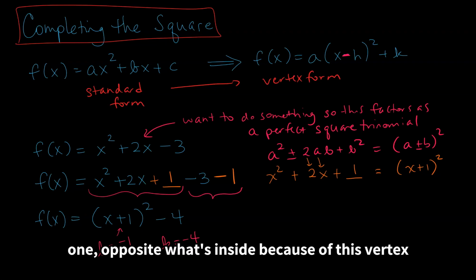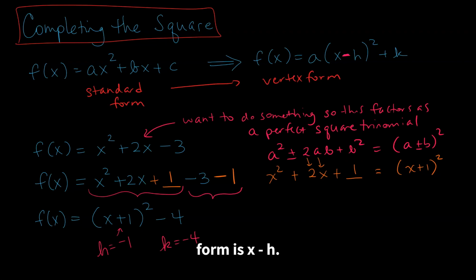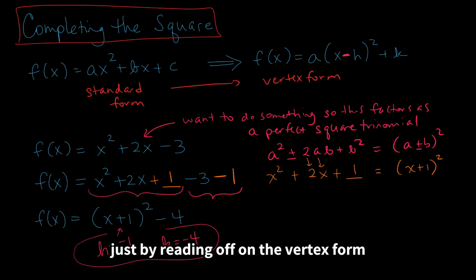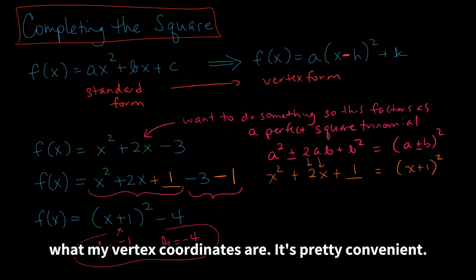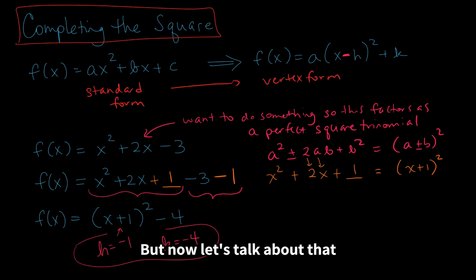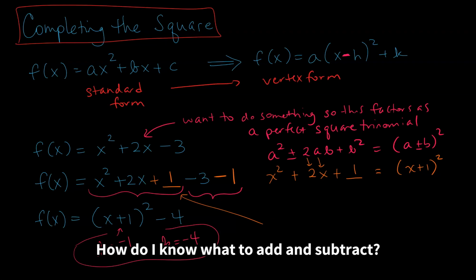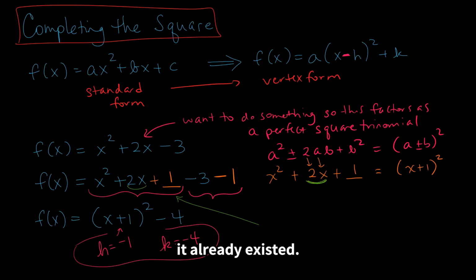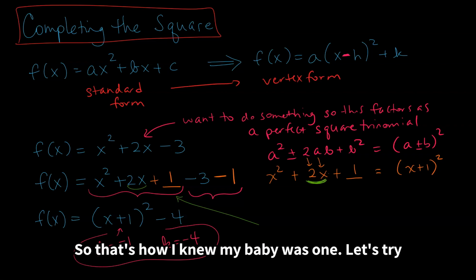Because of this vertex form, it's x minus h. And so this will tell me immediately, just by reading off the vertex form, what my vertex coordinates are. It's pretty convenient. But now let's talk about that plus 1 minus 1 thing. How do I know what to add and subtract? I see this middle term, 2x here. It already existed, so that's how I knew my b was 1.